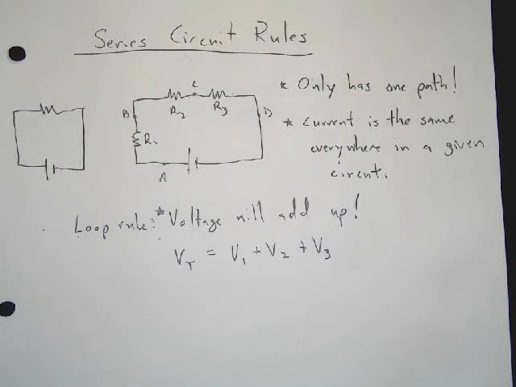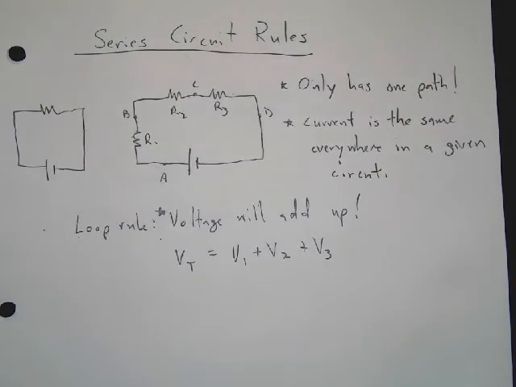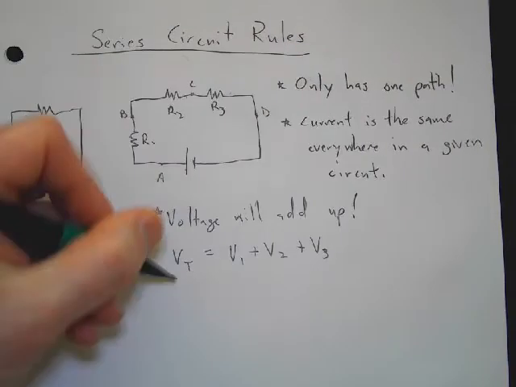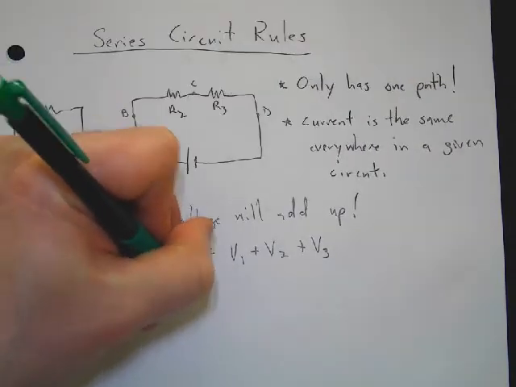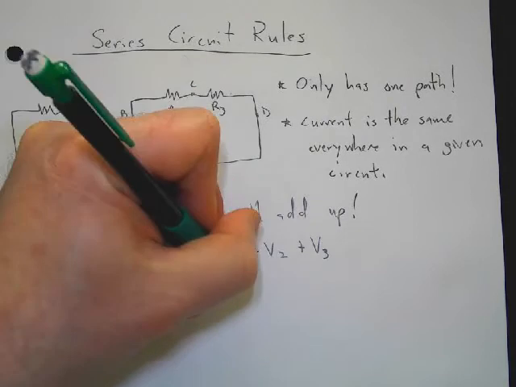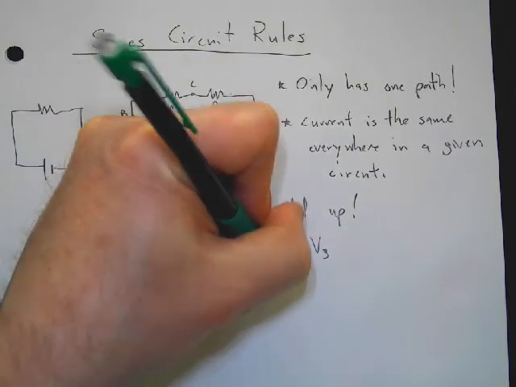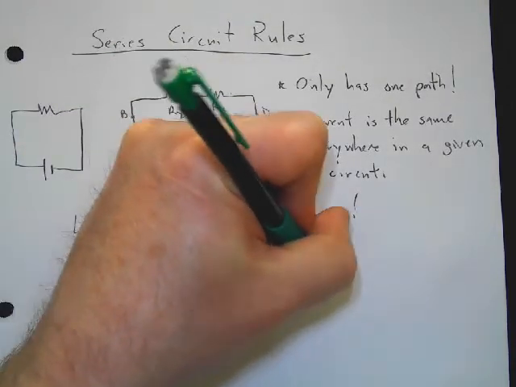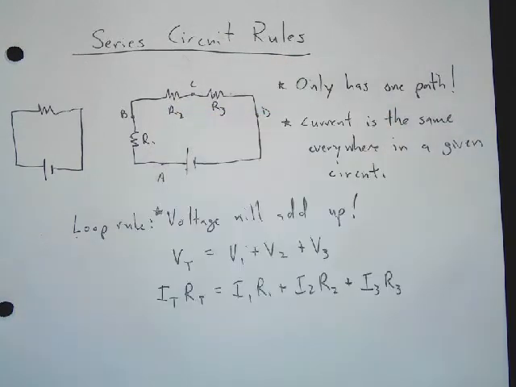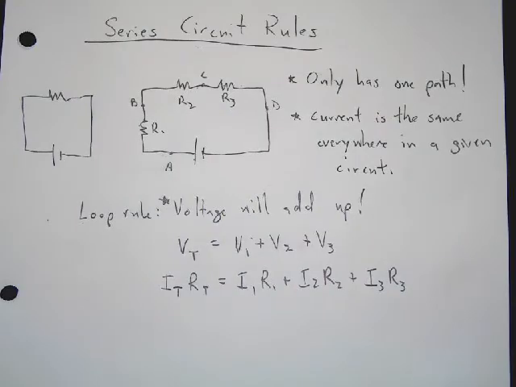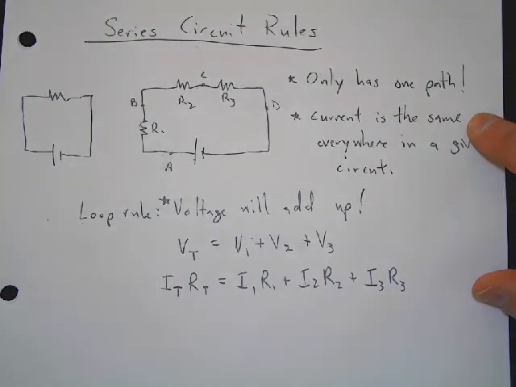If I know that V equals IR, I can sub this in and say I_T times R_T equals I1 times R1 plus I2 times R2 plus I3 times R3, and so on. But we already said the current everywhere is the same.